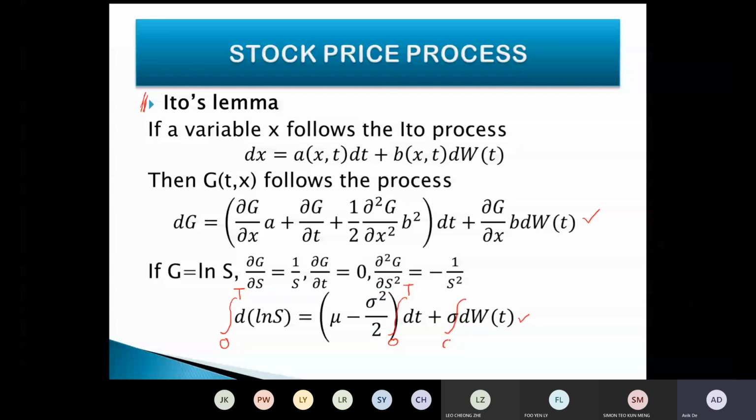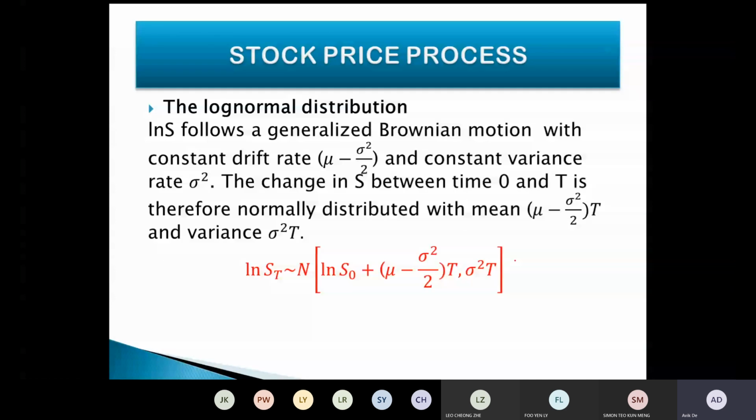That means we have log S_T divided by S_0, which is log S_T minus log S_0.